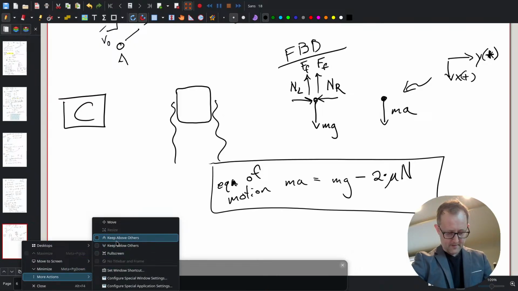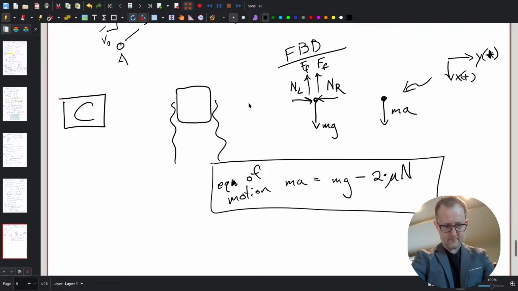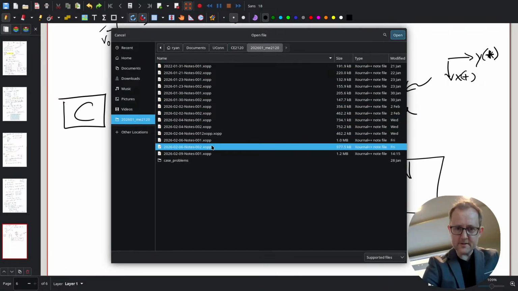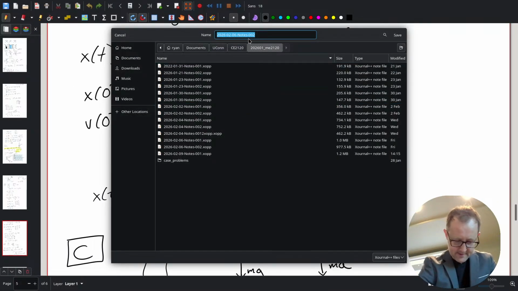All right, coming up. And then we had 002. Let's save this.